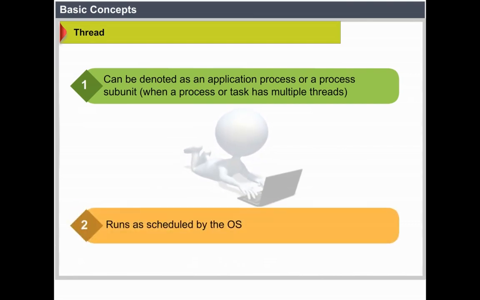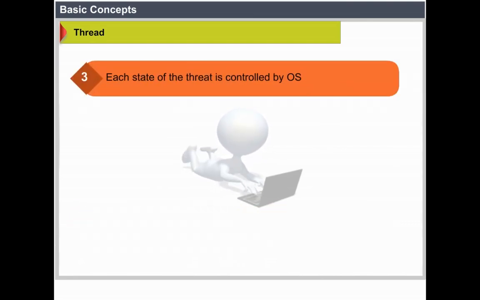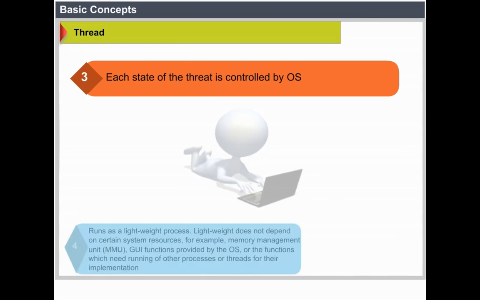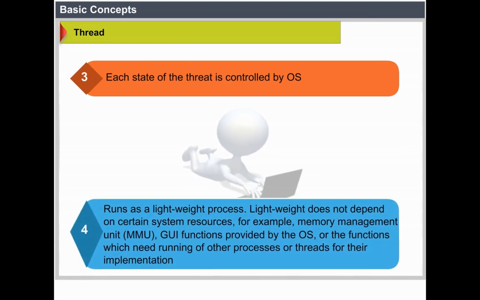Runs as scheduled by the OS. Each state is controlled by the OS. Runs as a lightweight process. Lightweight means it does not depend on certain system resources, for example, the Memory Management Unit (MMU), GUI functions provided by the OS, or the functions which need running of other processes or threads for their implementation.